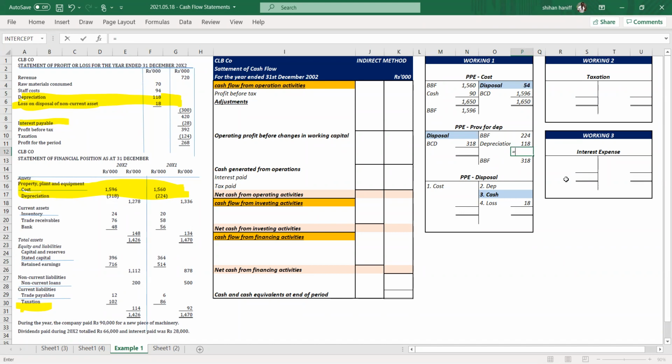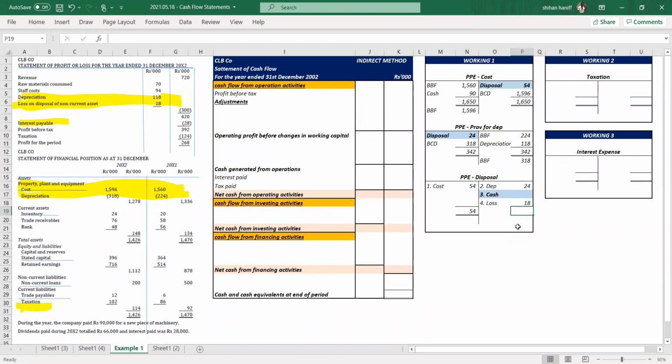Provision for depreciation 342 minus 380, 24. So cost is 54, depreciation is 24.